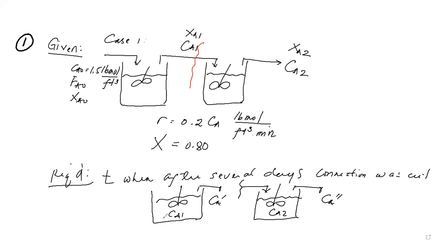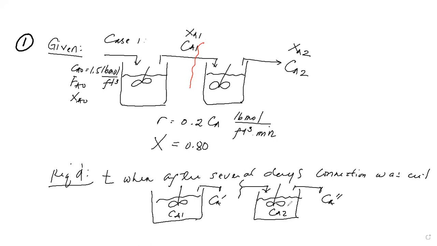And if this particular reactor will continuously process the partially converted mixture inside it, then the corresponding discharge from it will have a concentration of Ca prime. This one is just a copy of this because this one was cut, and there was no continuous movement of material to reactor 2.